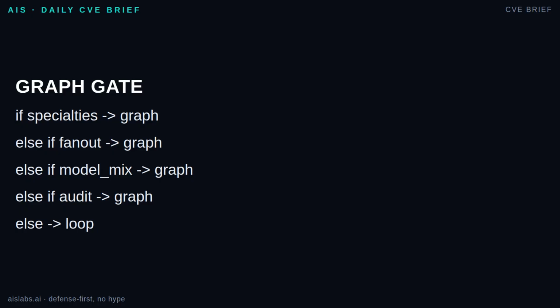Fanout means branches can run without sharing fragile mutable state. Per-step model choice means the cost, latency, or capability difference is large enough to justify orchestration. Auditable routing means someone may ask, later, why this item went to legal review, human review, or a stronger model. If you cannot write one sentence for the reason, the graph is not justified.